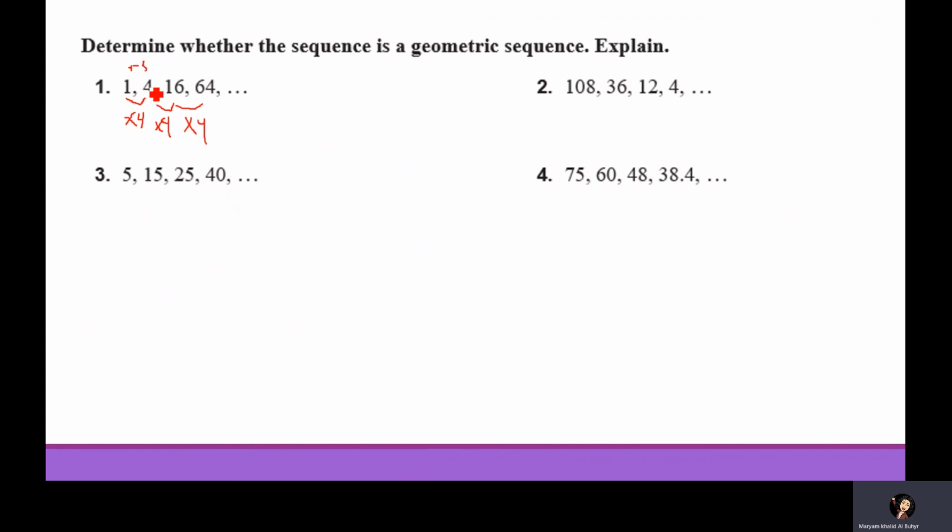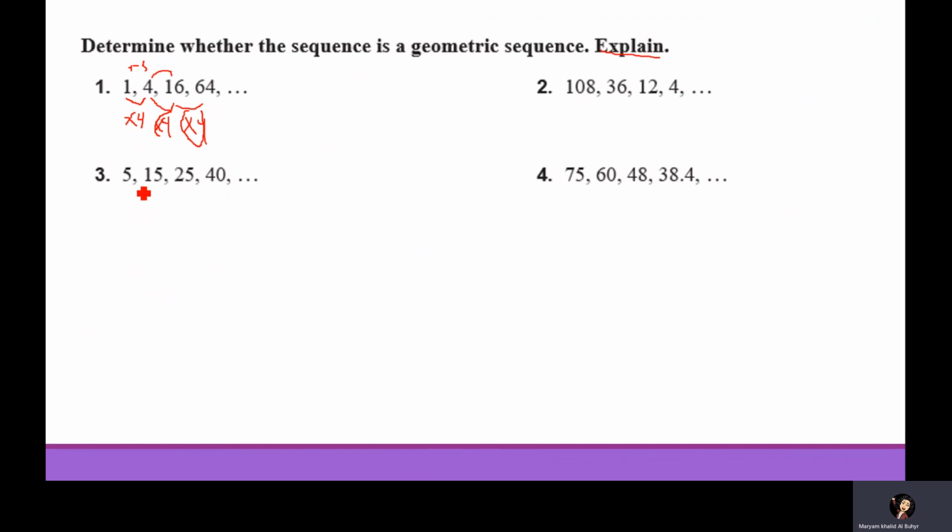If you plus 3, you reach 4, yes. But from 4 to 16, if you plus 3, will you get 16? No. So that's why you move to multiplication. But I started with multiplication, I found it's correct. So the common ratio is constant. That's geometric. I'll say the answer: it's a geometric sequence. Why? The reason, explain, because the common ratio is constant.